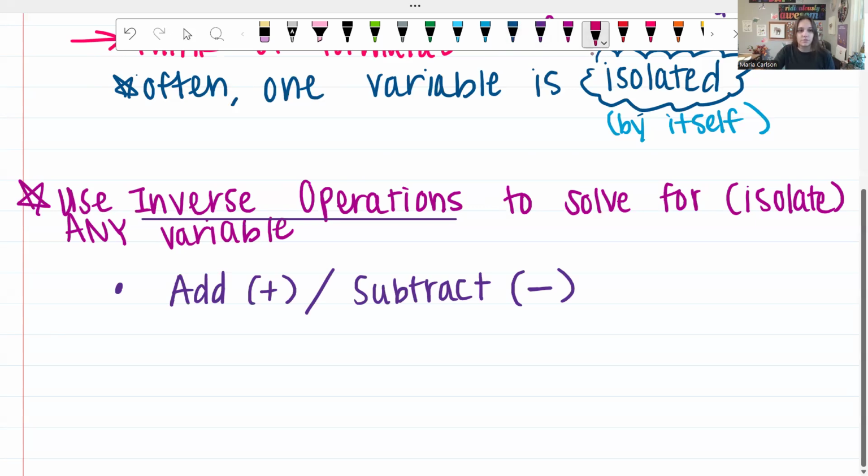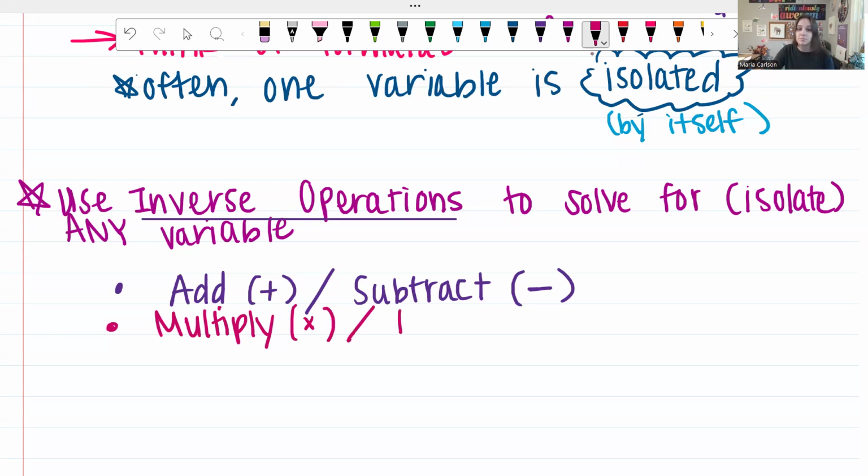Another set of opposites: if you see something being multiplied, and that could look like an actual times symbol, or sometimes you just see things in front of parentheses or side by side, you can undo that by dividing. And division can be undone by multiplying. Please remember that division includes fractions, right? x over 2 is like x divided by 2.